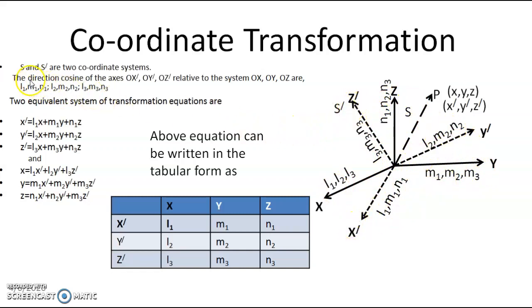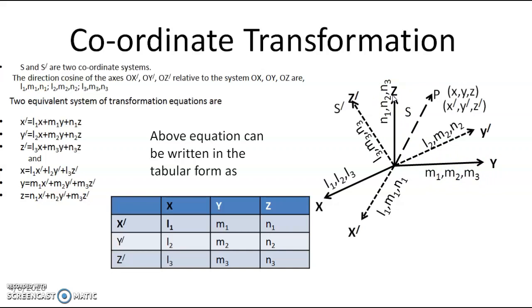Another important point is that here the direction cosines of axes ox dash, oy dash, oz dash relative to the system ox, oy, oz are L1, M1, N1, L2, M2, N2, and L3, M3, N3. These are L1, L2, L3, M1, M2, M3, N1, N2, N3.